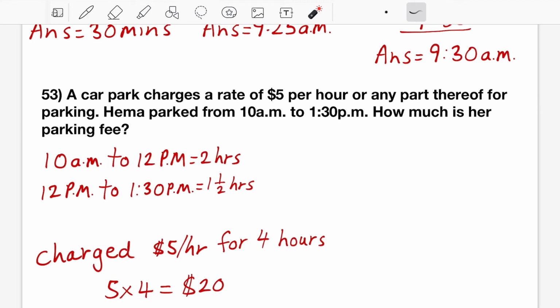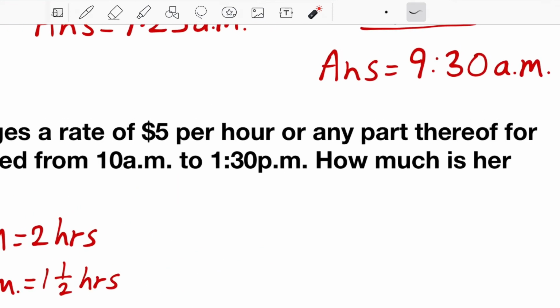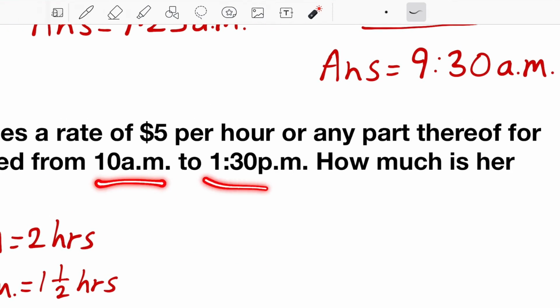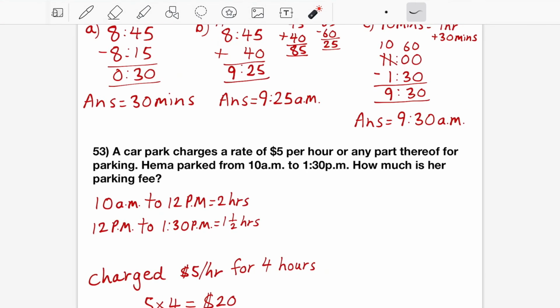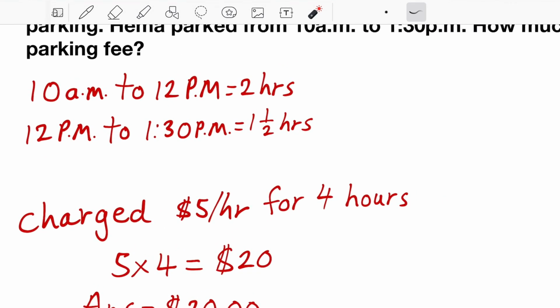So let's determine from 10 a.m. to 1:30 how much time is spent. From 10 a.m. to 12, that's easy, that's 2 hours. 12 to 1:30, that's an hour and a half. So that's a total of 3.5 hours.